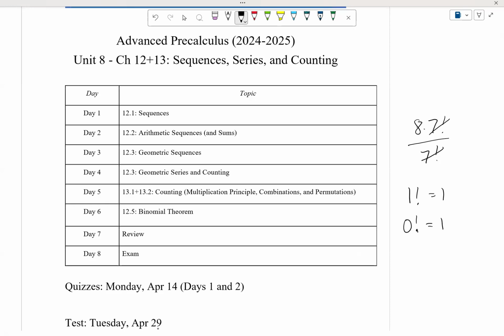It equals 1. How about -5 factorial? Can't be done. 0 is the smallest number. So the set of numbers that goes into a factorial function is called, what's that set called? The whole numbers. If we start at 1, those are called counting numbers or natural numbers.